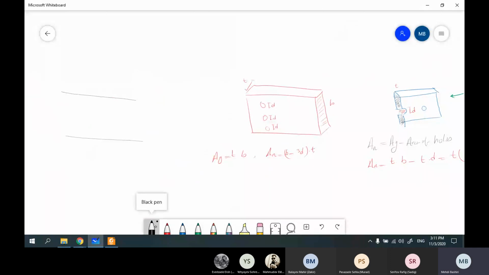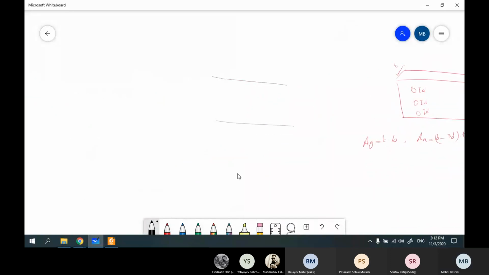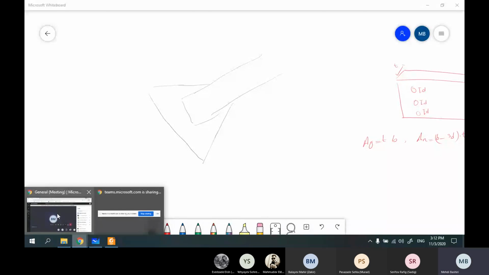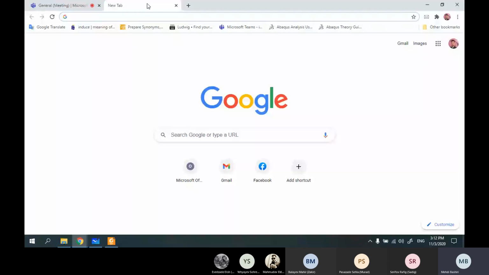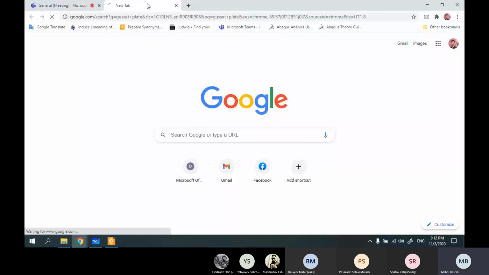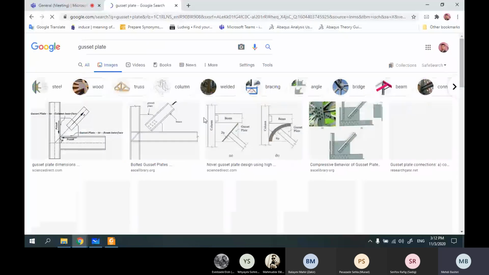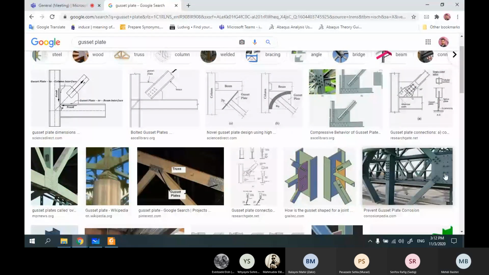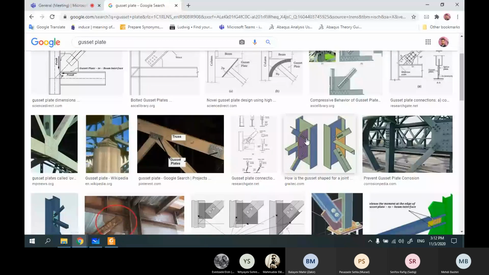This is, for example, one member connected to the other member, like this. We have this connection. Let me show you here. For example, in here, if I want to show you better, like this.